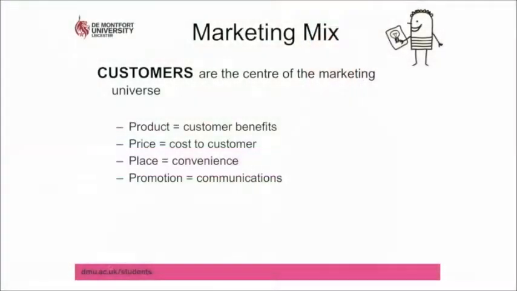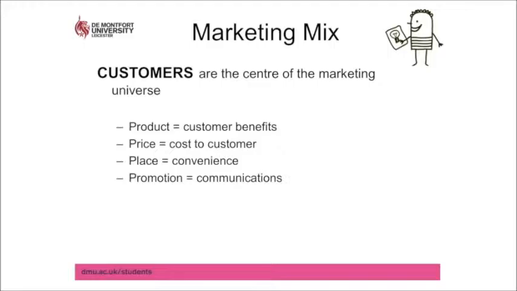What I want to get over today is whatever you're doing, if you're starting a business, whatever that business be, the key to it and the key to any marketing is customers are the central point of everything you do, or they should be. The product, we're not just selling the phone, we're selling the benefits of that phone.